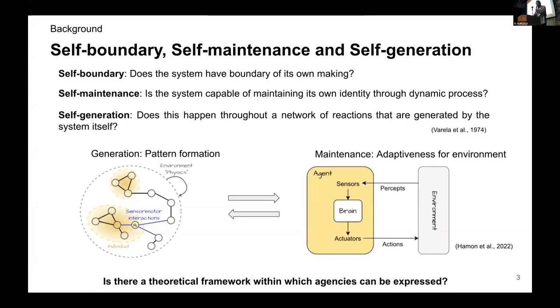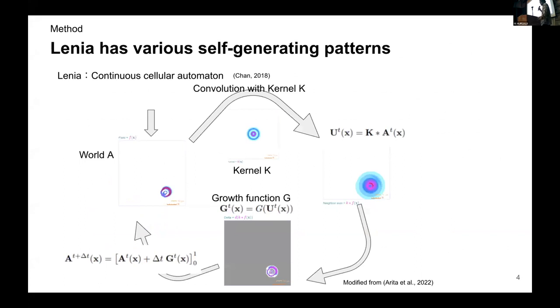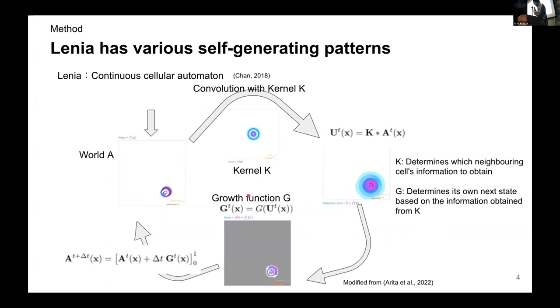We focus on Lenia, because Lenia has various self-generating patterns. Lenia is basically a cellular automaton, a 2D system, and basically Lenia determines its pattern with two parameters: the kernel K and the growth function G. The kernel K determines which neighboring cells' information to obtain, and G is an update rule to determine the next state.